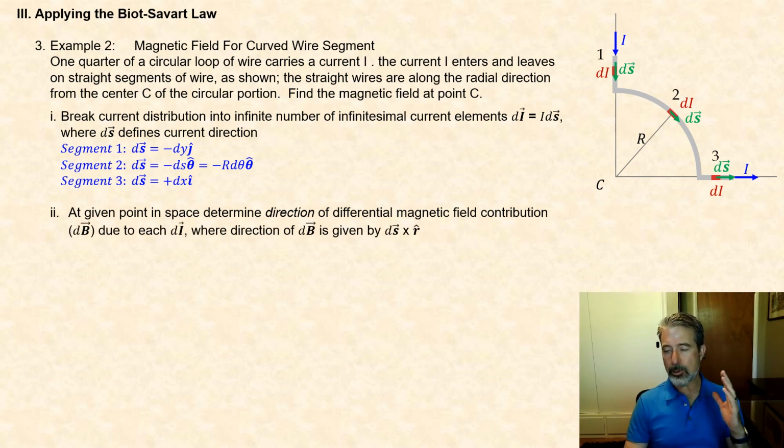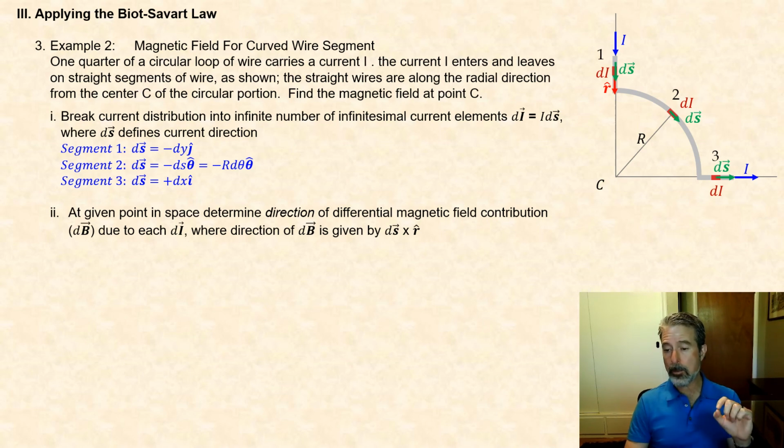Remember that the direction of the magnetic field will be in the direction of the cross product of ds and r hat. Now here we have really 3 segments, so we've got to consider the field contribution due to each of those segments. But here's where something nice happens. Let me show you the r hat vector for each of these segments.